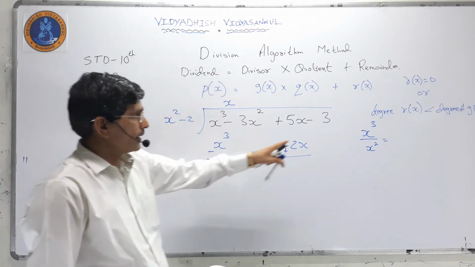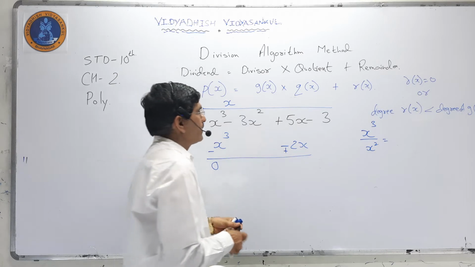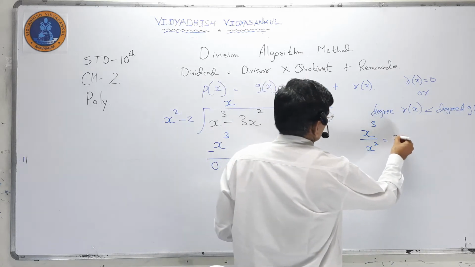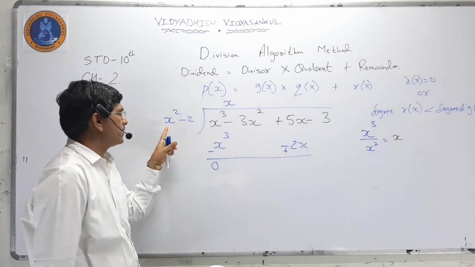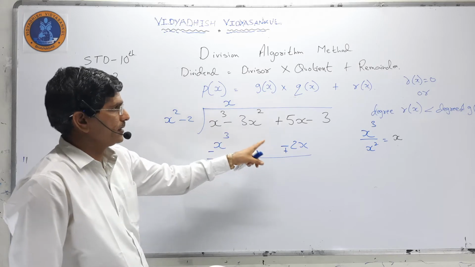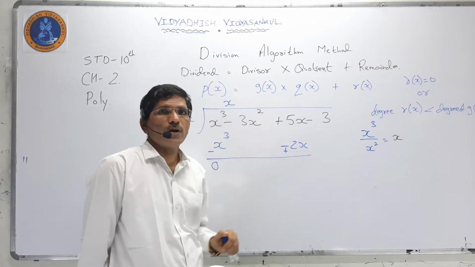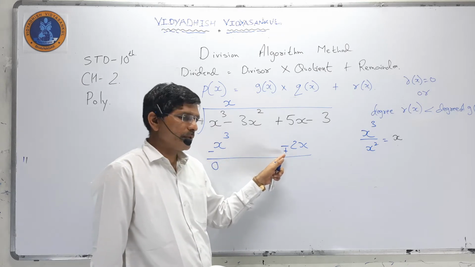Again x the power 3 divided by x square, so I will get x. Now if I multiply x with this, I will get x cube minus 2x. Now I want to change the sign.